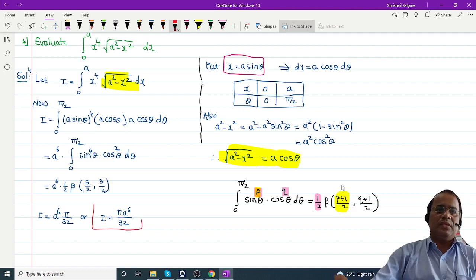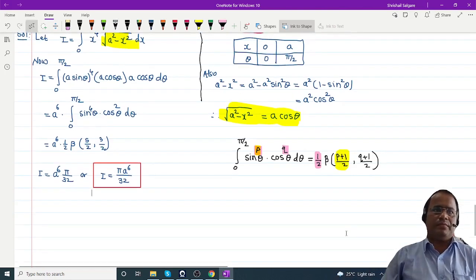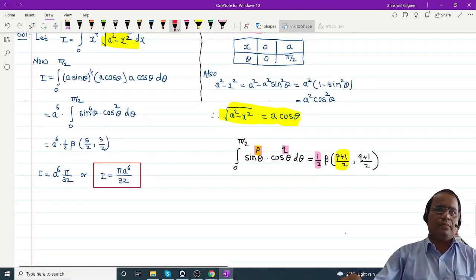Now these are the solved examples. I will continue with some unsolved ones. I think the fifth example, randomly I will take. Fifth example.